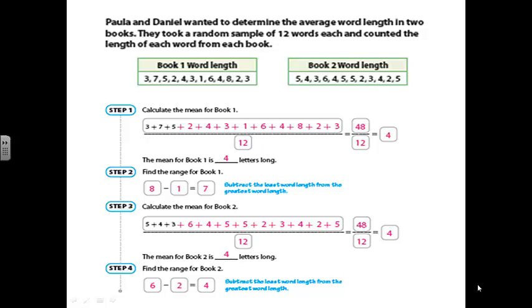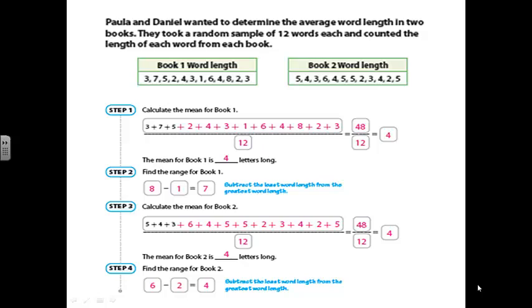So the first step you would do would be to calculate the mean of the first book. So you would take all of those numbers and add them all together. So you'd have 3 plus 7 plus 5 plus 2 plus 4 plus 3 plus 1 plus 6 plus 4 plus 8 plus 2 plus 3.